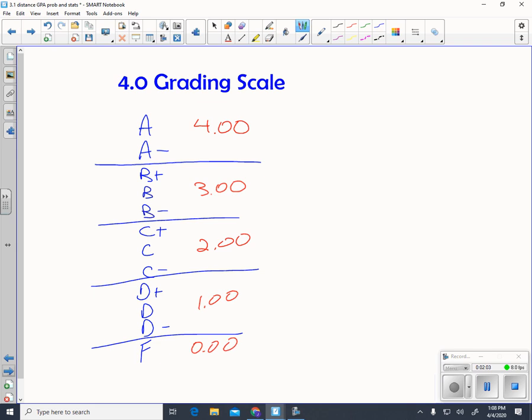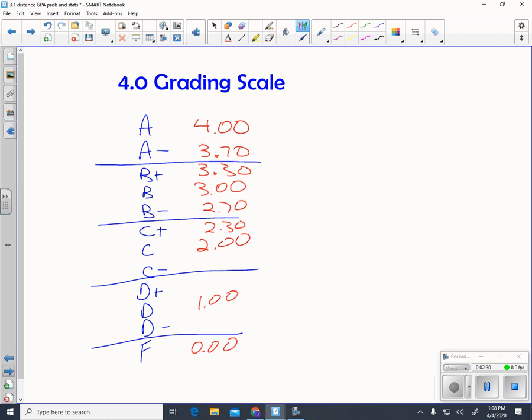And then in between there, it's really cut into thirds, but for our purposes, we'll round it a little bit. And so an A minus is 3.7, and then a B plus is 3.3. And if an A minus is 3.7, a B minus is 2.7 and 2.3.